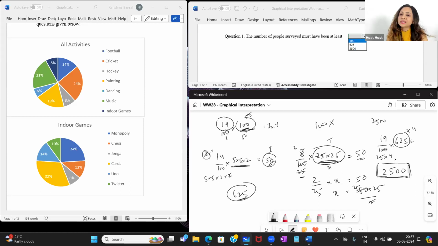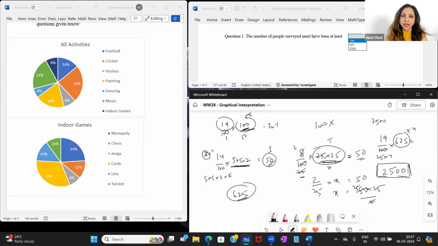This is the trickiest part of the question. Otherwise, now the question is going to become extremely simple. But do you understand how we arrived at it? We start with the indoor games. We look for the minimum number that will make all this an integer. Then we use that number to see what is the minimum number over here that will work with the 8%. 8% of that particular number will give me the 50.